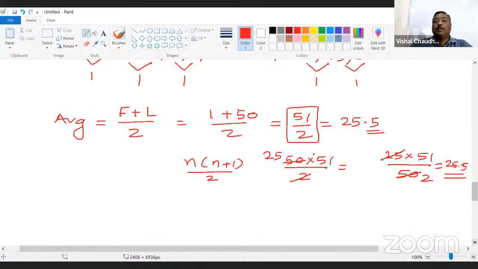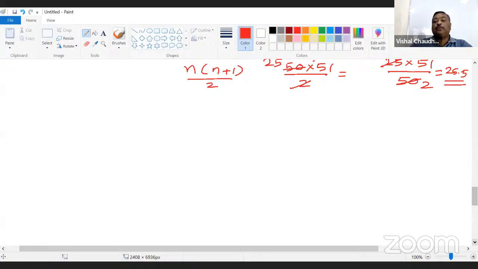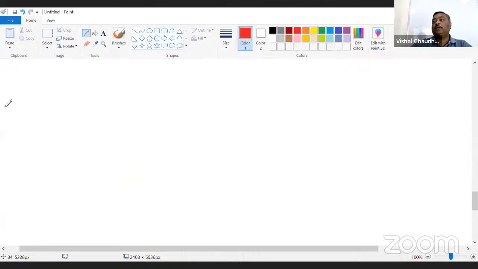So let me show you the same example with a different perspective. Suppose I have taken 1, 2, 3, 4, 5, 6, 7. How can you find the average? These are continuous numbers. One method is you add all the numbers and divide by 7.